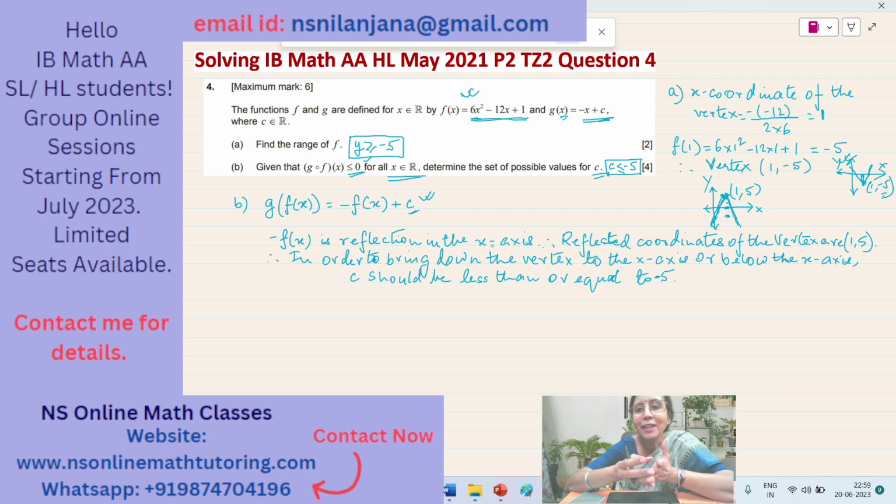Negative 6 is less than negative 5, negative 7 is less than negative 5, but you have to bring it to the x-axis or below the x-axis. So that is why the starting is negative 5. Mathematically, it is just the opposite way. Okay, but you understand what I mean. And what I have written is C should be less than or equal to negative 5. That is also mathematically correct.